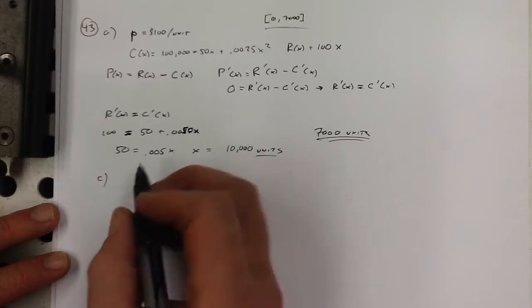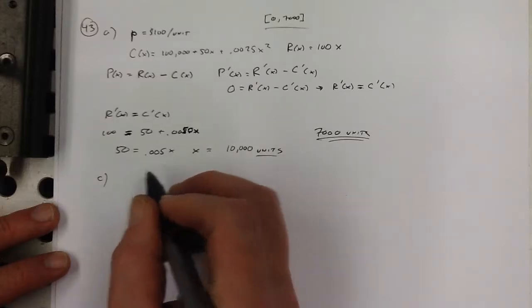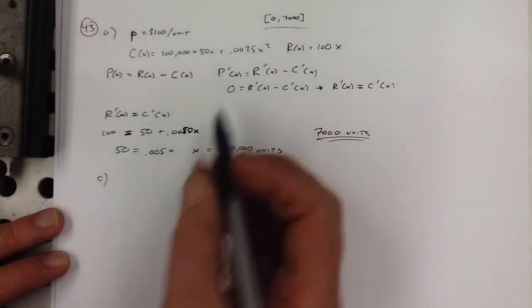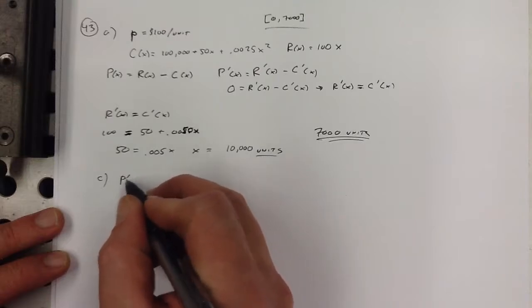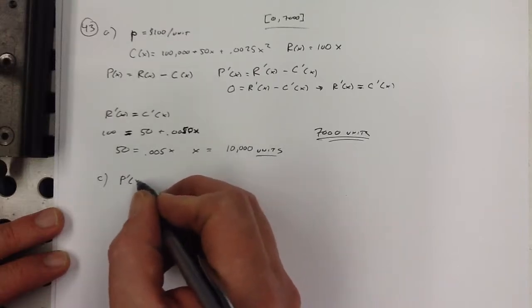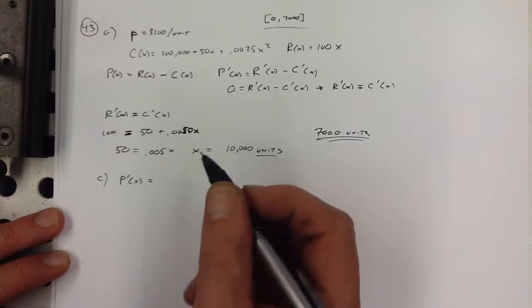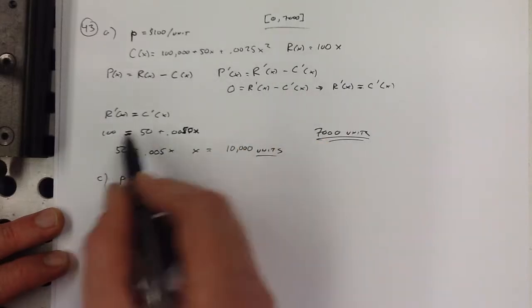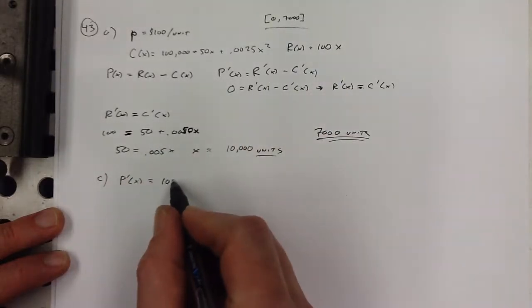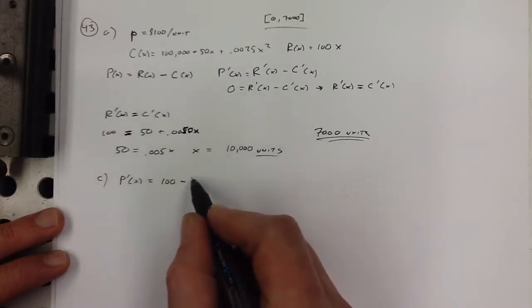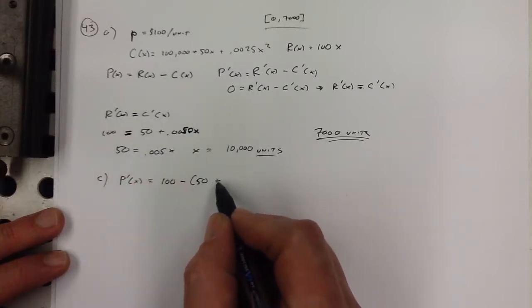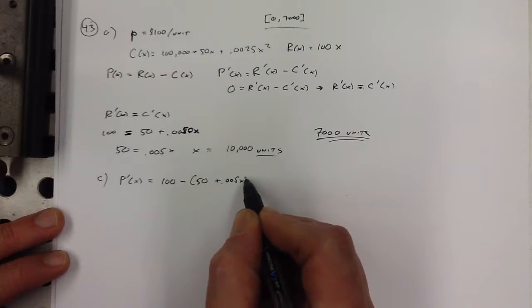So at 7,000 units, I know that the derivative of profit is this minus this. So that's 100 minus 50 plus 0.005x.